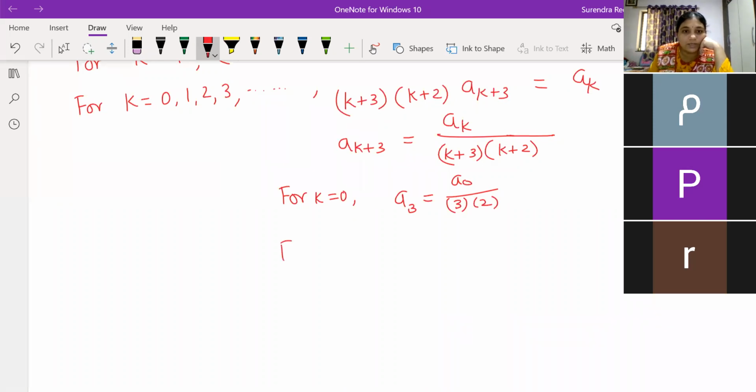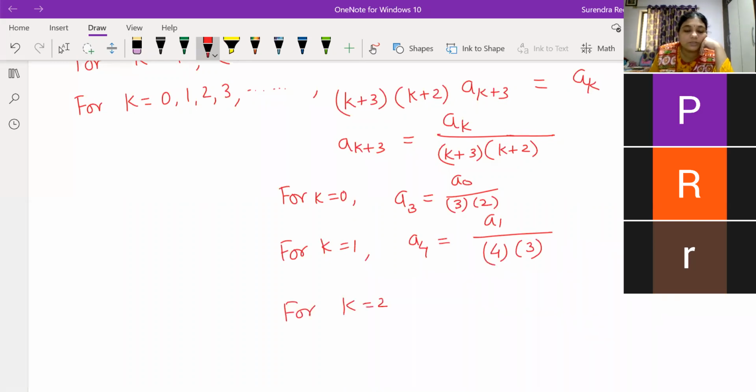Now for k is equal to 1, a4 is equal to a1 divided by 4 times 3. For k is equal to 2, a5 is a2 divided by 5 times 4, but a2 is already 0, so a5 is 0.